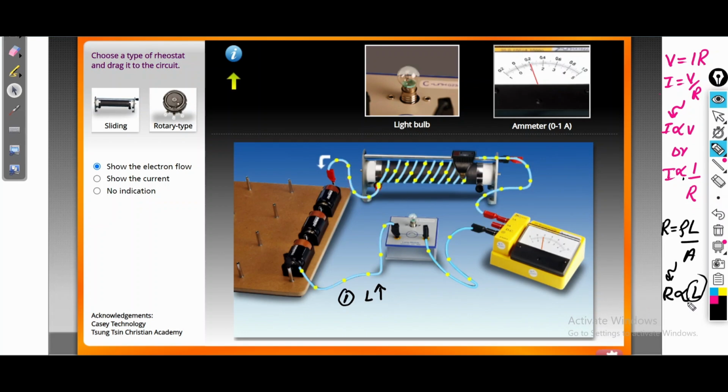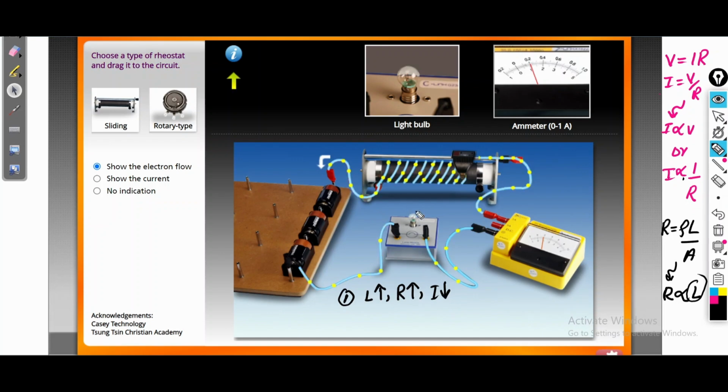From this relation, L is directly proportional to resistance, so the resistance in this wire will increase. If the resistance in this wire is increased, then due to this relation the current in this wire will be decreased, since R is inversely proportional to current I. If the length is increased, R also increases, and the current is decreased.